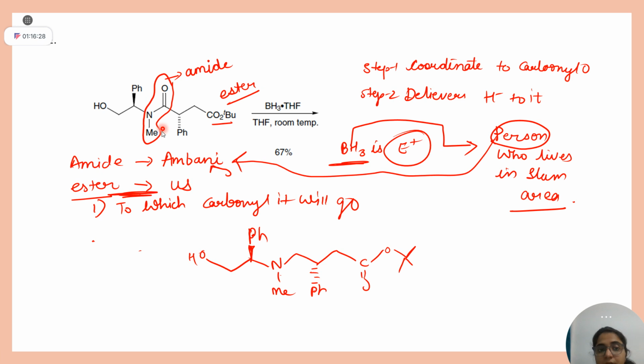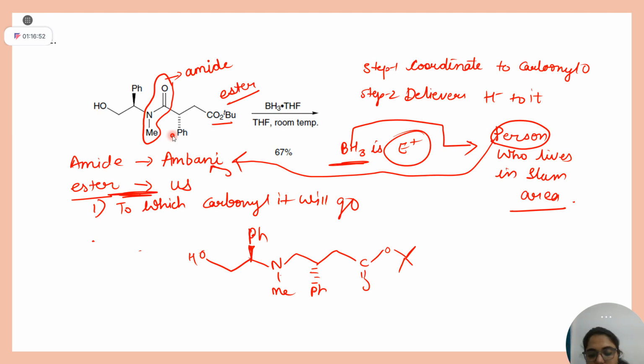Amide carbonyl. Therefore, it will coordinate to the oxygen of the amide, deliver hydride here, and it becomes an OH. The nitrogen lone pair will push, knocking off that OH. Again, an iminium ion will form and it will reduce that to amine. So amide changes to amine in presence of any reducing agent.